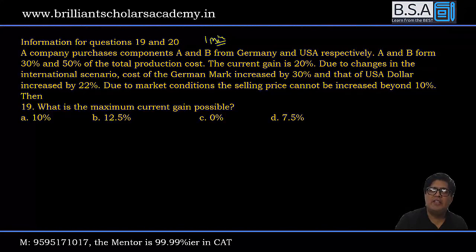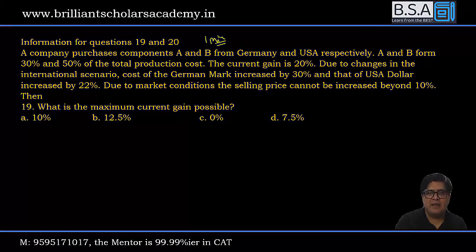Due to change in international scenario, the cost of the German mark increases by 30% and that of US dollar increased by 22%. Due to market conditions, the selling price did not increase beyond 10%. Then, what is the maximum current gain possible?